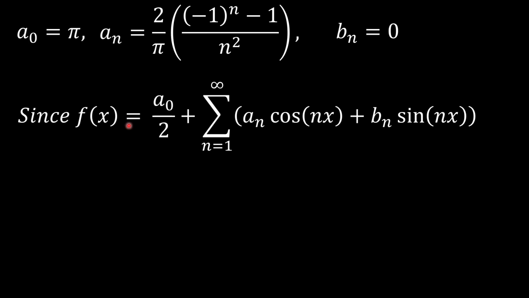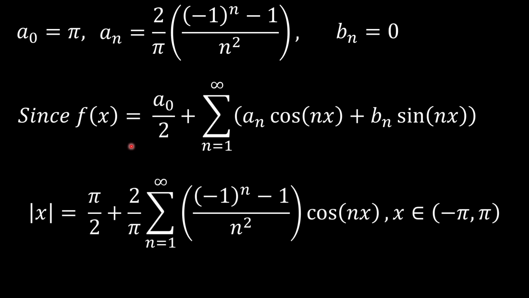So since our initial expression of the Fourier series for a function fx that's periodic within negative pi to pi, we see that the absolute value of x can be expressed as pi over 2 plus 2 over pi, summation. a naught over 2, that's pi over 2.